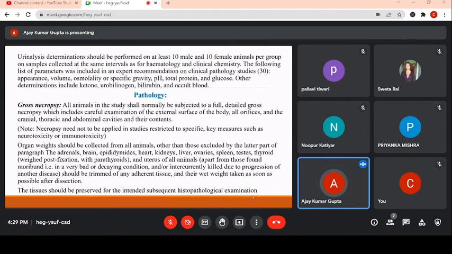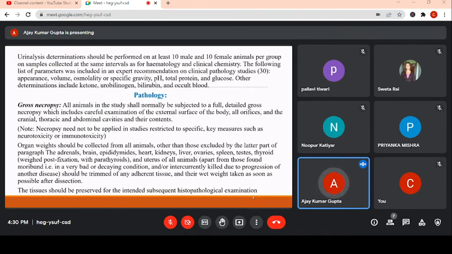Autopsy is usually performed on human beings after death, but necropsy is on the animals. So it includes careful examination of the external surface of the body, all orifices, and the cranial, thoracic, and abdominal cavities and their contents, as we used to do in autopsy after the death of a human being, in the mortuary.